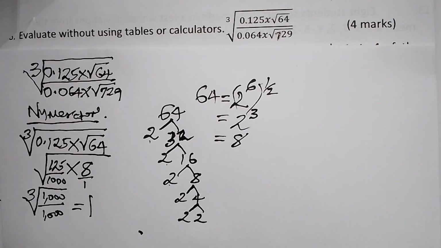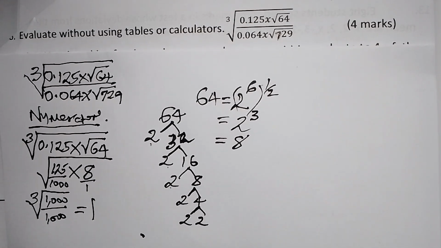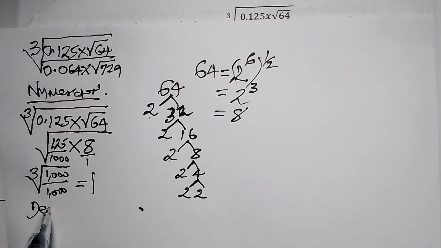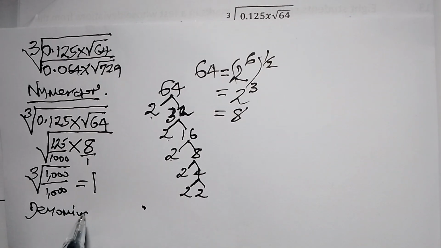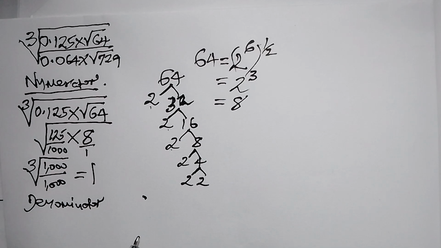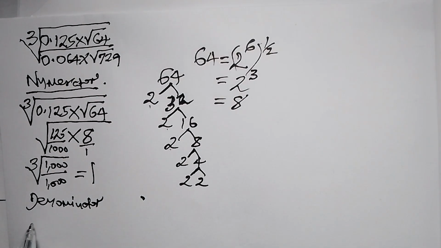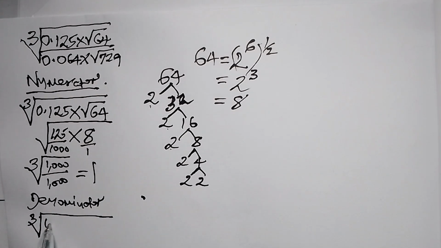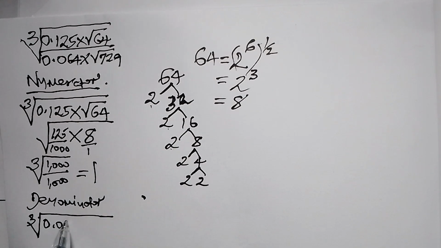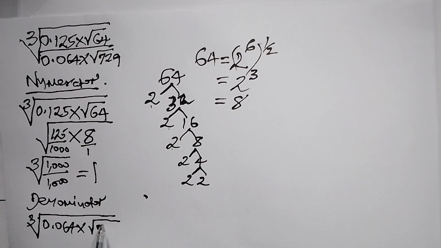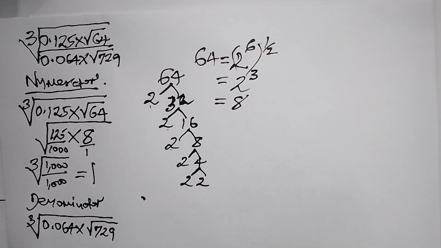We can now work out the denominator. And in the denominator, we have the cube root of 0.064 multiplied by the square root of 729.